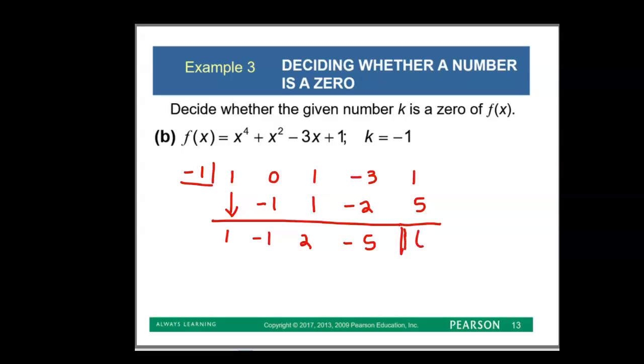For the remainder, we get 6. And since that is not 0, then k equals negative 1 is not a 0.